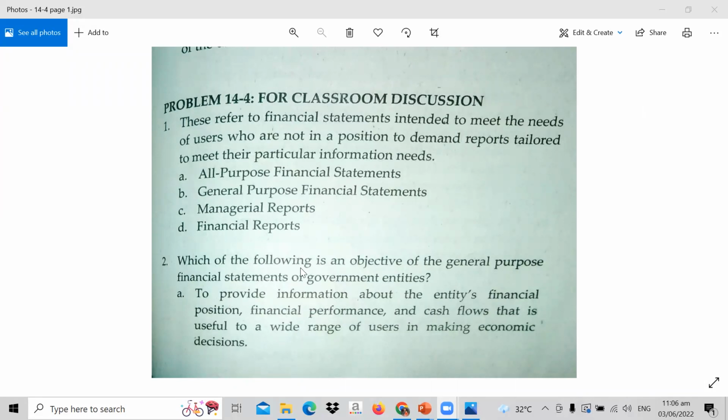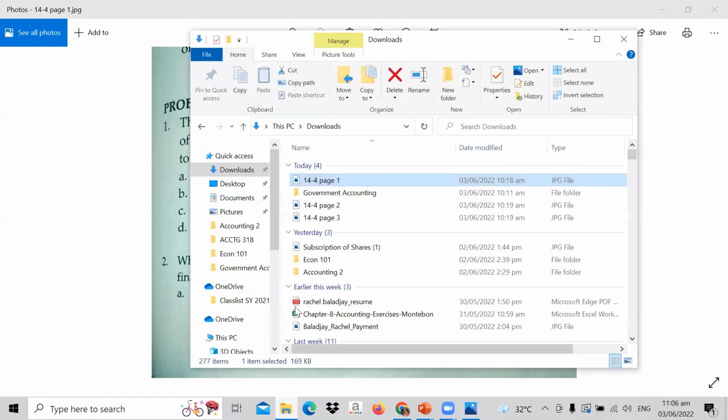Second question, which of the following is an objective of a general purpose financial statement? Let me open again the next page.